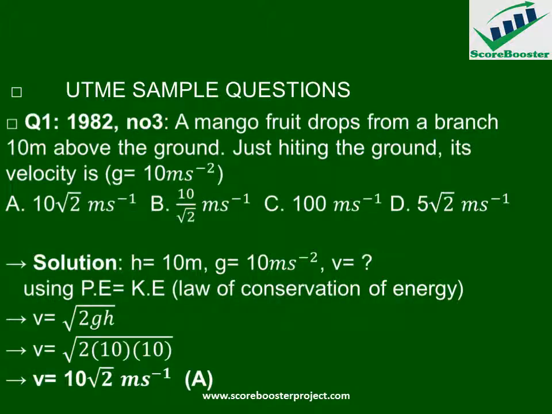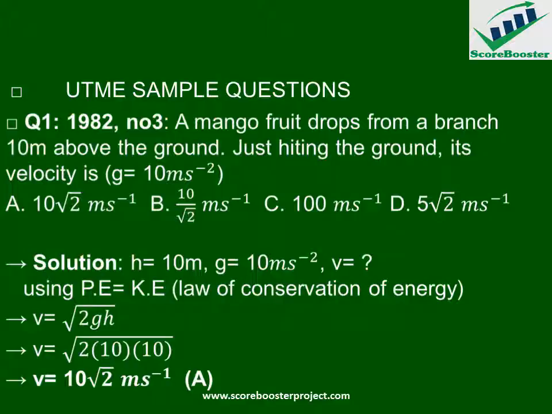Now on to sample questions from the UTME. The first question we shall be considering comes from 1982, number 3. The question goes thus: a mango fruit drops from a branch 10 meters above the ground. Just before hitting the ground, its velocity is dash.